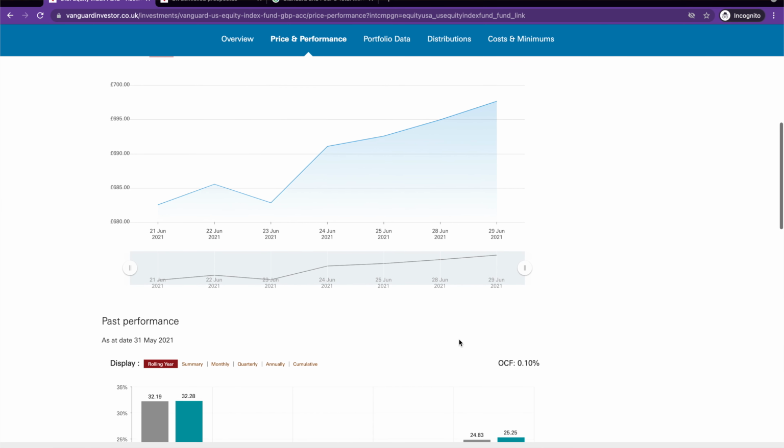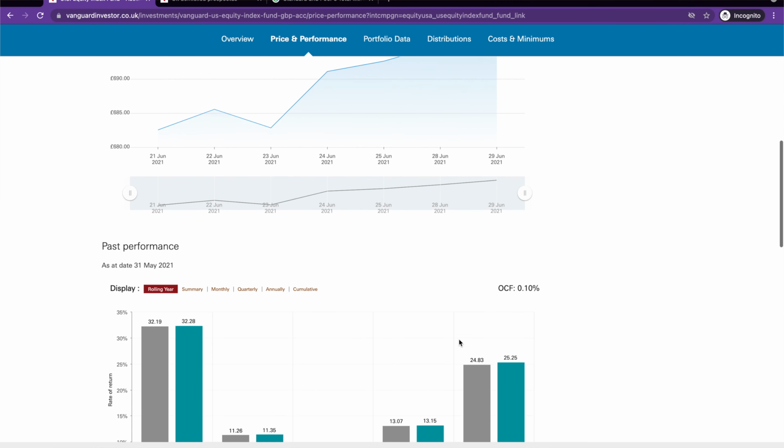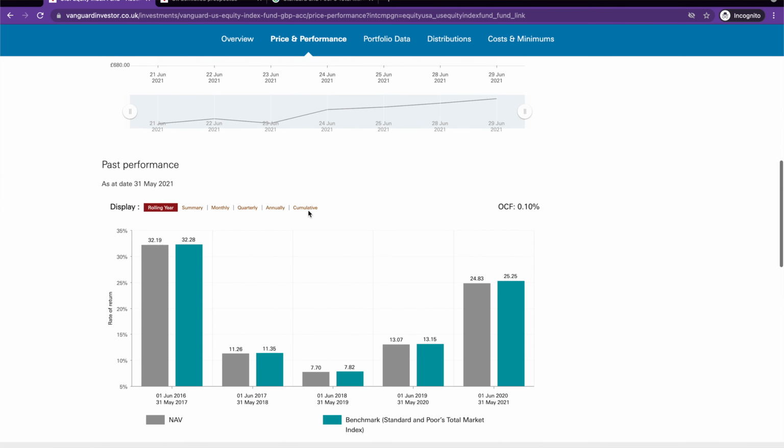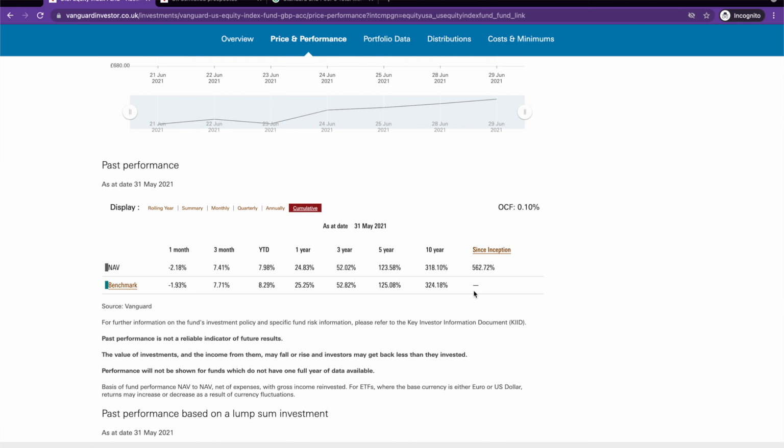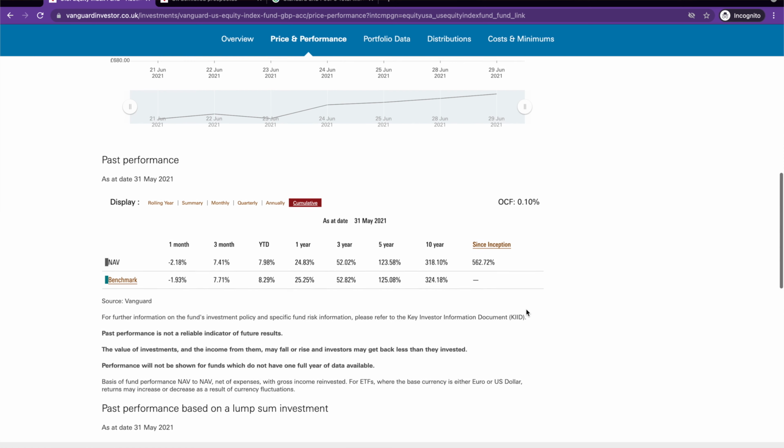Now, one good figure to look at, in terms of performance, is the cumulative performance. That way you can understand if you had put down a lump sum 10 years ago, 20 years ago, or since the fund was created, what percentage in terms of ROI, or return on your investment, you would have gotten.